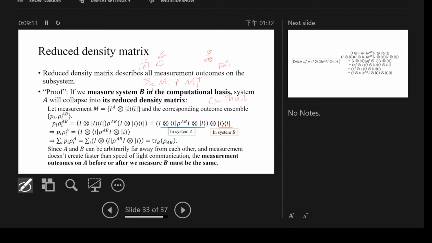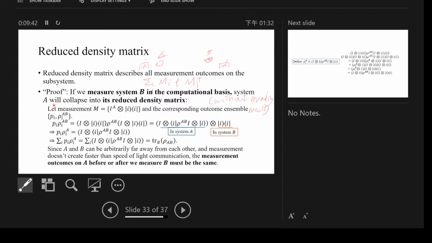So B will measure something without revealing results, and you will have the corresponding post-measurement density matrix on system AB.